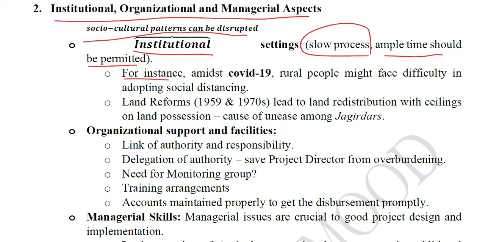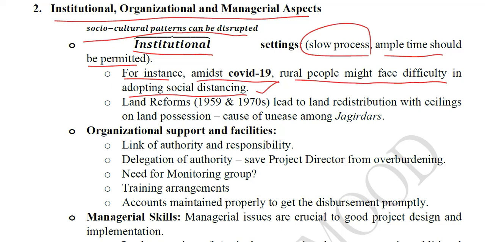For example, amidst COVID-19, rural people might face difficulty in adopting social distancing. You know that people in rural areas are less careful about their health, in a way that they have their own faith, and they don't bother much when it comes to health. Perhaps they have better health, better nutrition, and a better lifestyle, opposite to the sedentary lifestyle that is followed in the cities.